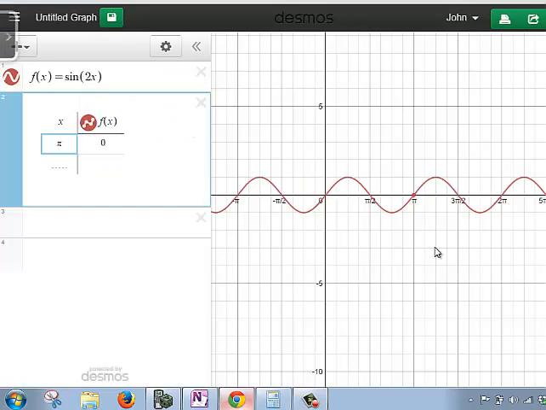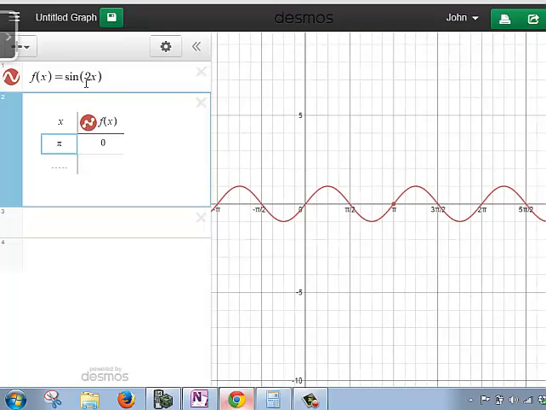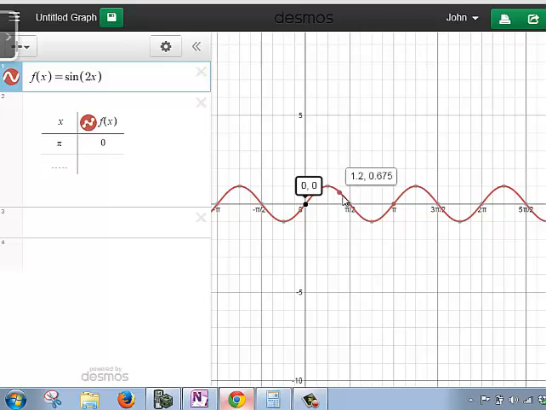Okay, well, we're back, and I switched over to Desmos, and as you can see here, I have the plot of the sine of 2x. You can see two cycles from 0 to 2 pi, which is consistent with the frequency inside the function.